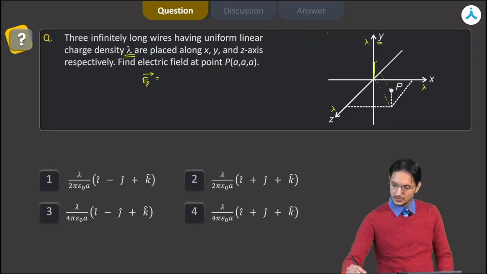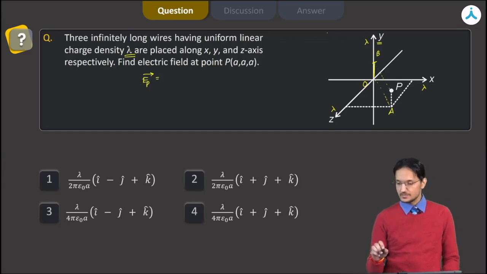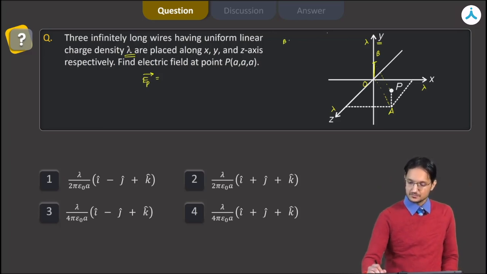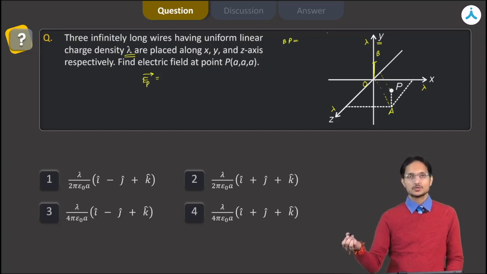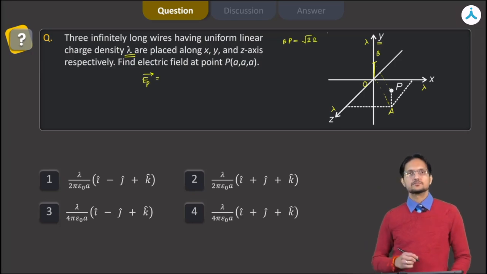So let's call this point as point B, this is the origin, and let's call this as point A. The separation between P and the line charge along y axis is basically BP, and I can easily see that is under root A square plus A square, so that is root 2A.